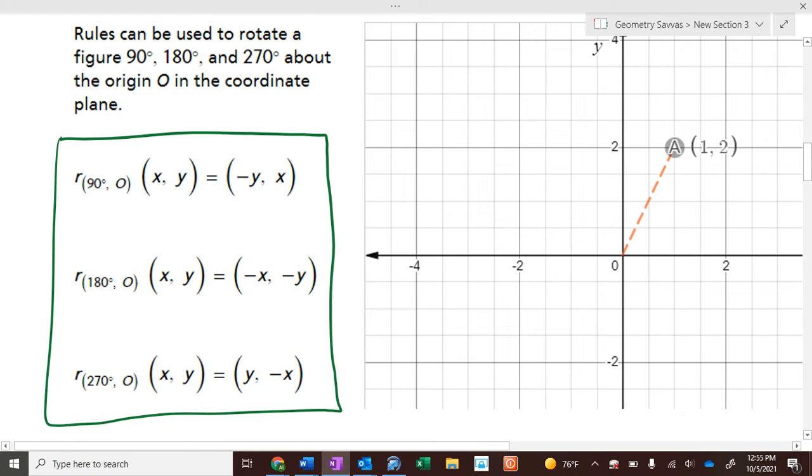If you rotate 180 degrees around the origin, you keep the x and y in the same order, you just make them both the opposite sign as what they were before. And if you rotate 270 degrees around the origin, then you flip-flop the x and the y, and then you make the x the opposite sign of what it was originally. Okay? So if you know those numbers, that'll help you out.